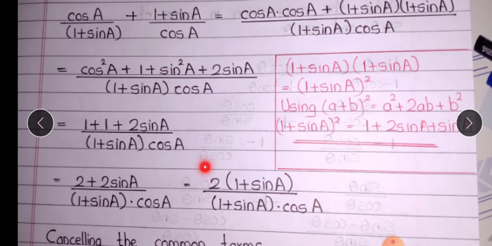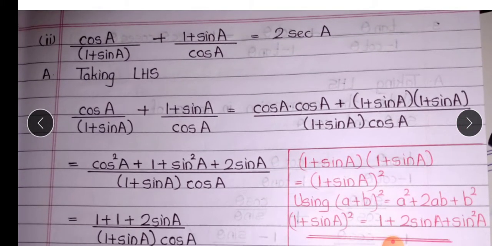Second question. cos A by (1 plus sin A) plus (1 plus sin A) by cos A equal to 2 sec A. What is that? 2 sec A. Now, as usual, we'll take the LHS, that is left hand side.